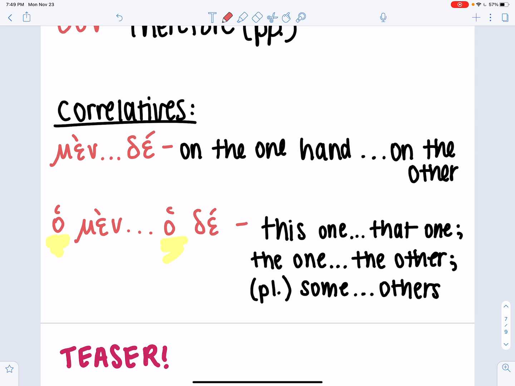So you've got to think of it that way. You've got to be able to imagine that this men and this de are disappearing just for the time being, and make sure that your article matches the noun that's coming. We'll see that in the sentence that I used for the teaser.